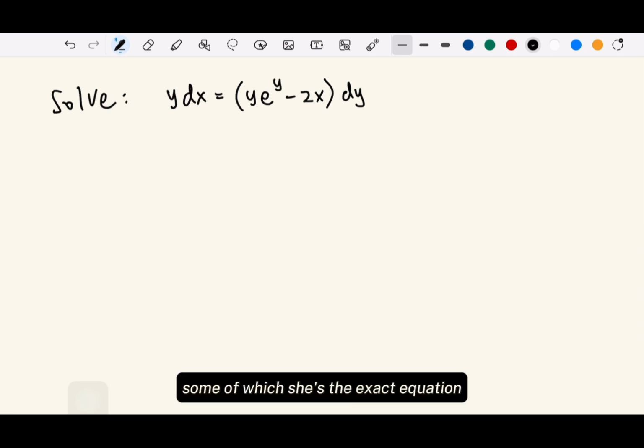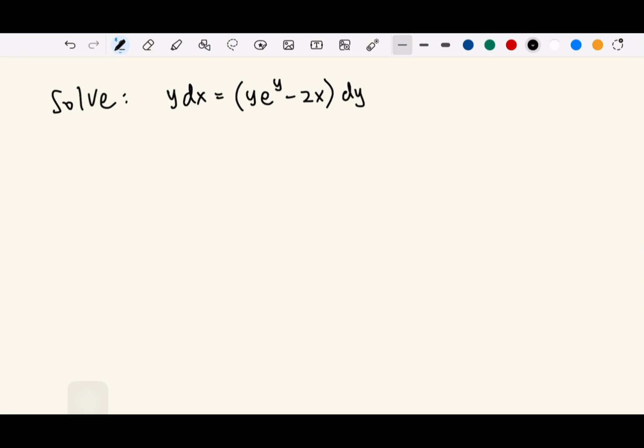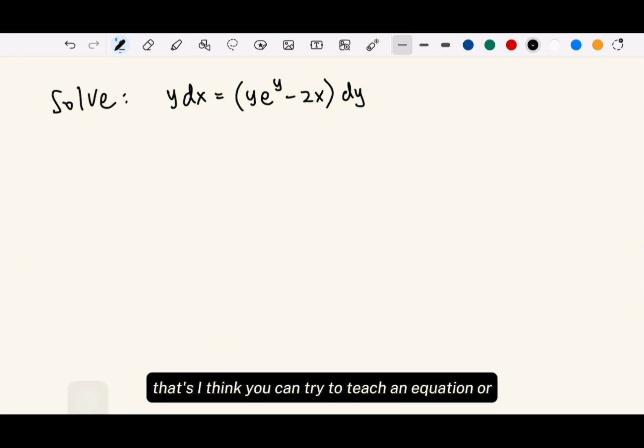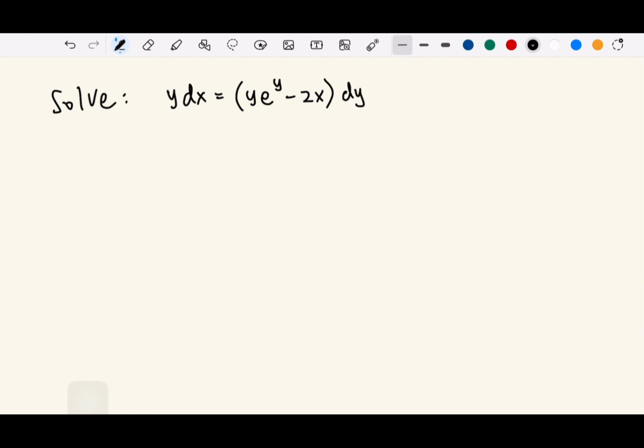Some of you are choosing the exact equation. I think you can try exact equation or try linear equation. Can you do it with linear equation or not?